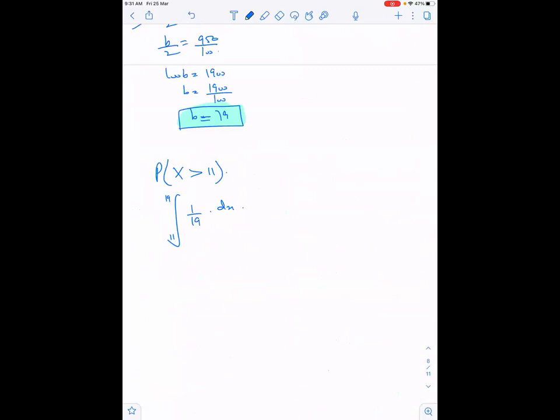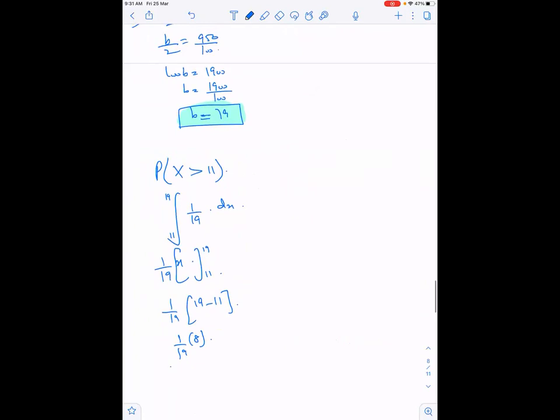It will be 1 upon 19 x, with boundaries 19 and 11. So 1 upon 19 times 19 minus 11, which is 8. So 8 upon 19 is the probability. This is the answer. Are you getting this much?